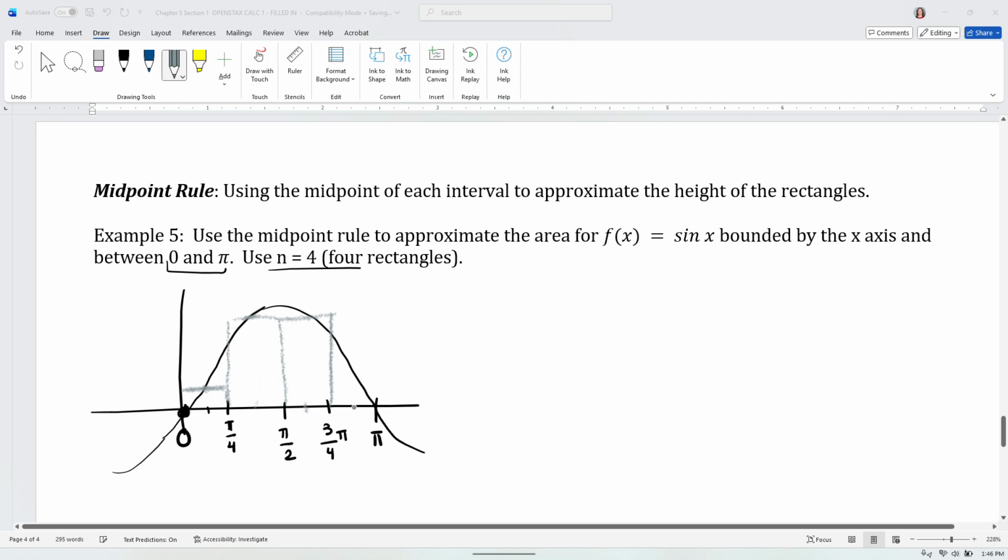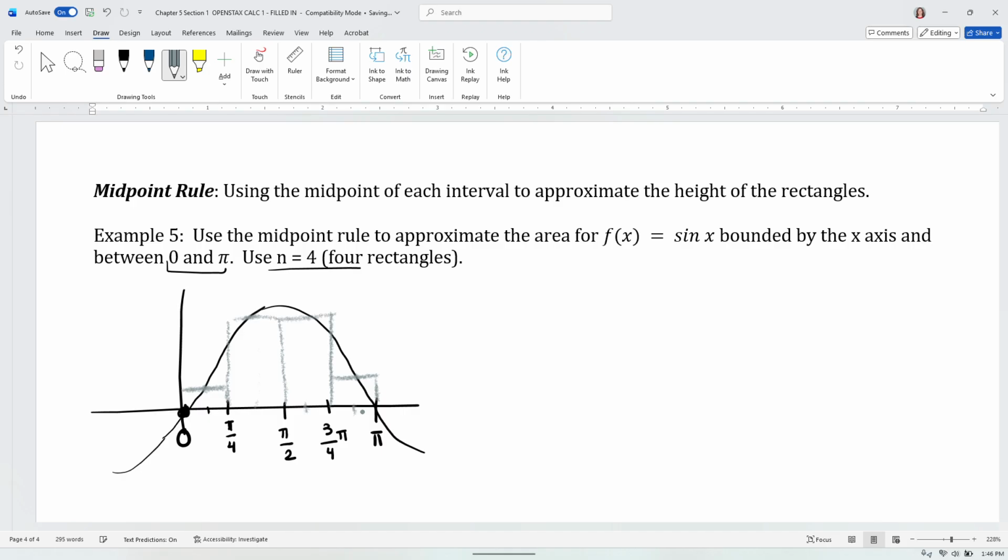And then here for this one. And notice now we have some overs and some unders, which is okay, right? And probably more accurate than strictly doing a left or strictly doing a right. Although, since there's symmetry here, we may have noticed some things. Okay. All right, so the middles here are pi over 8, 3 pi over 8, 5 pi over 8, 7 pi over 8. Those are my mids, okay?